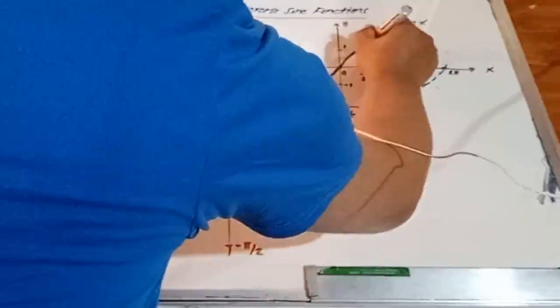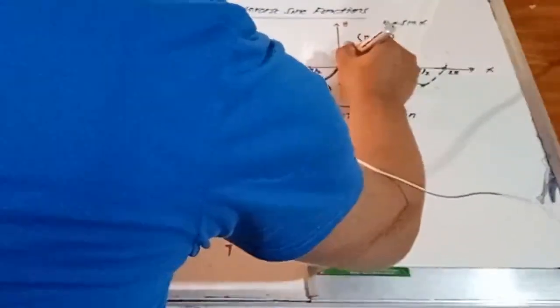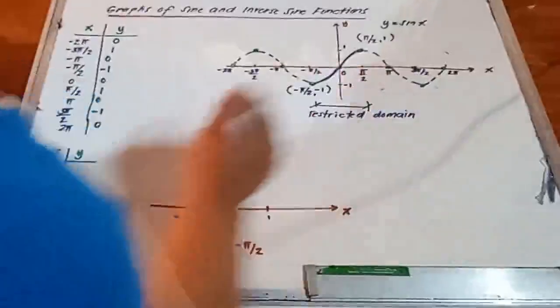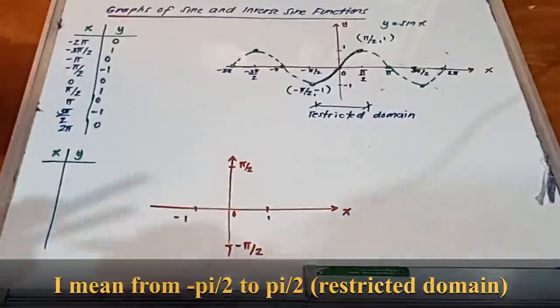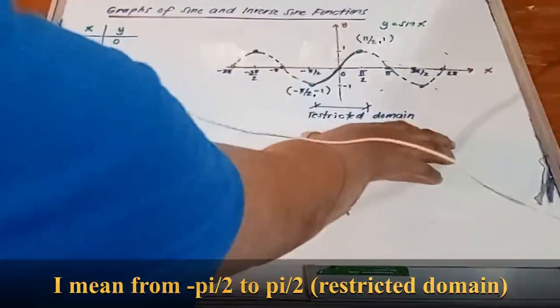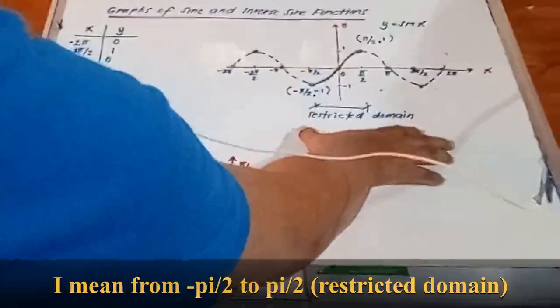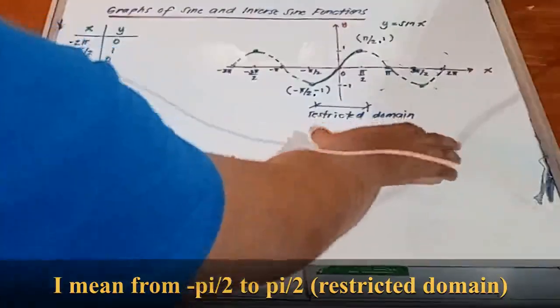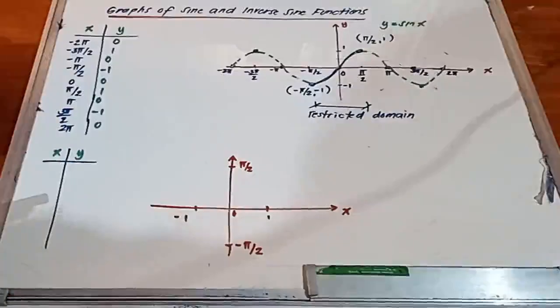Yan yung ating restricted domain. At kapag yan lang ang ating domain, magiging 1-to-1 function na siya. Pag 1-to-1 function, may equivalent na siyang inverse function.